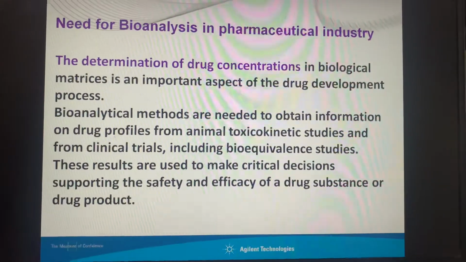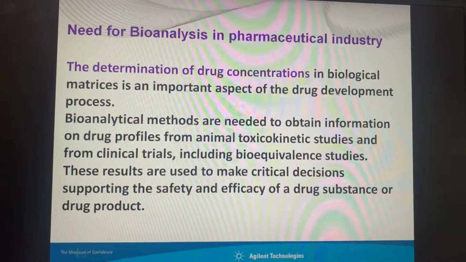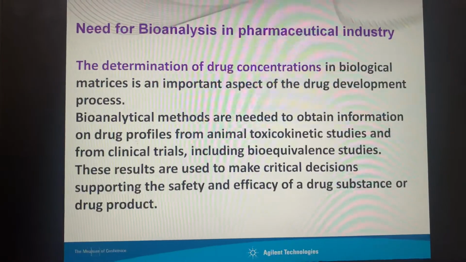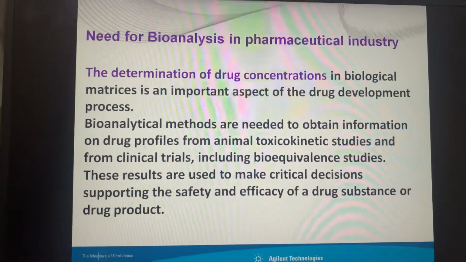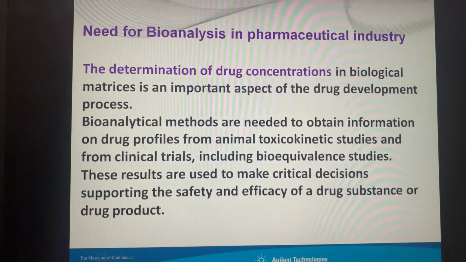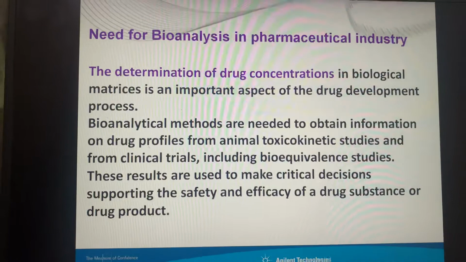As I was just giving you the example of amoxicillin, that was actually the base for this slide, in which we will talk about the need for bioanalysis in the pharmaceutical industry. The pharmaceutical industry deals with drugs or medicines.